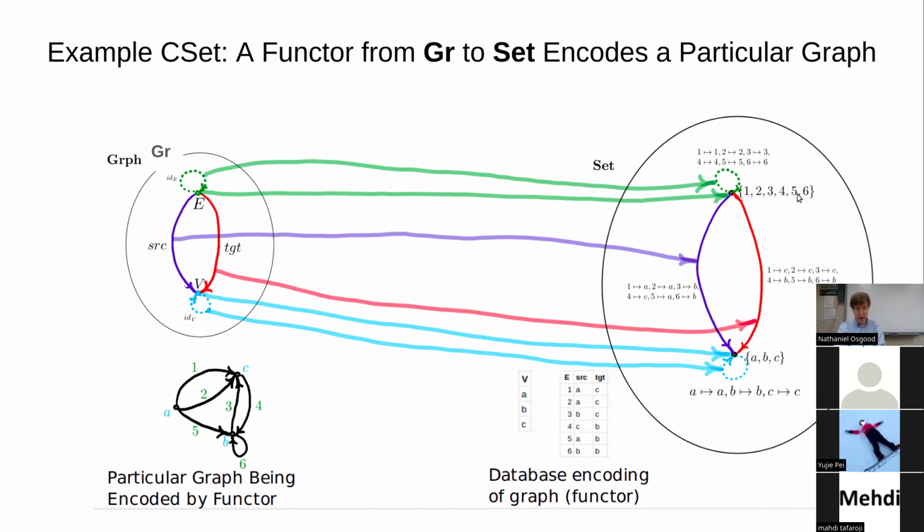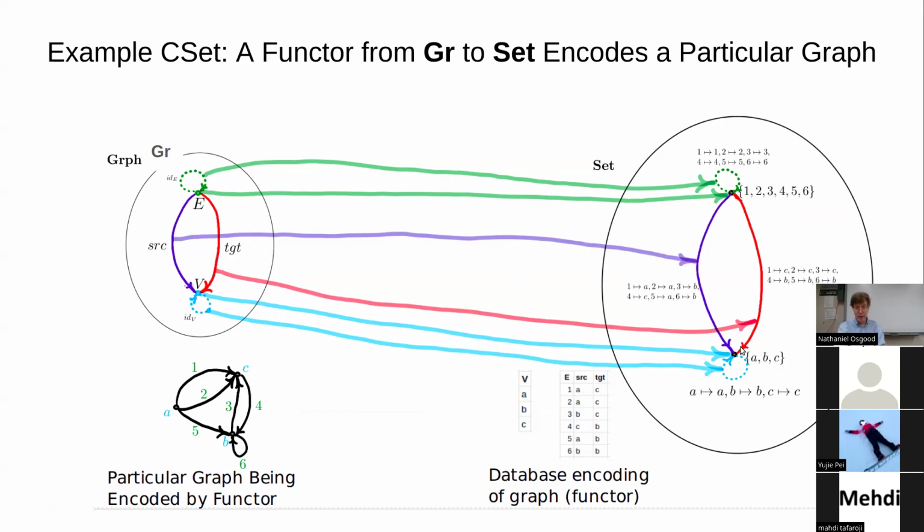By contrast, edge 6 in this graph, its source will be B. And indeed, the source of edge 6 in our graph is B. So this is encoding the rules for a given graph, because this is encoding a given graph, what its source vertex is for every edge.